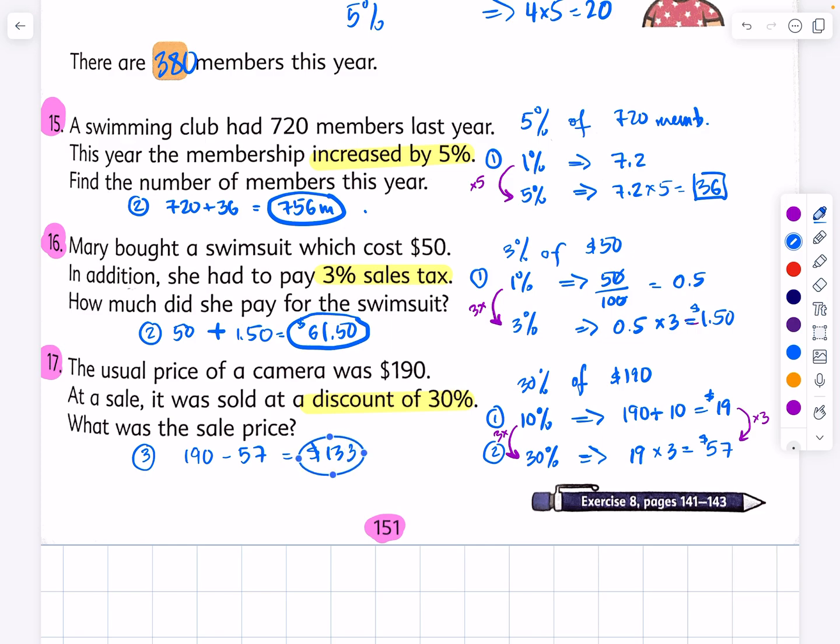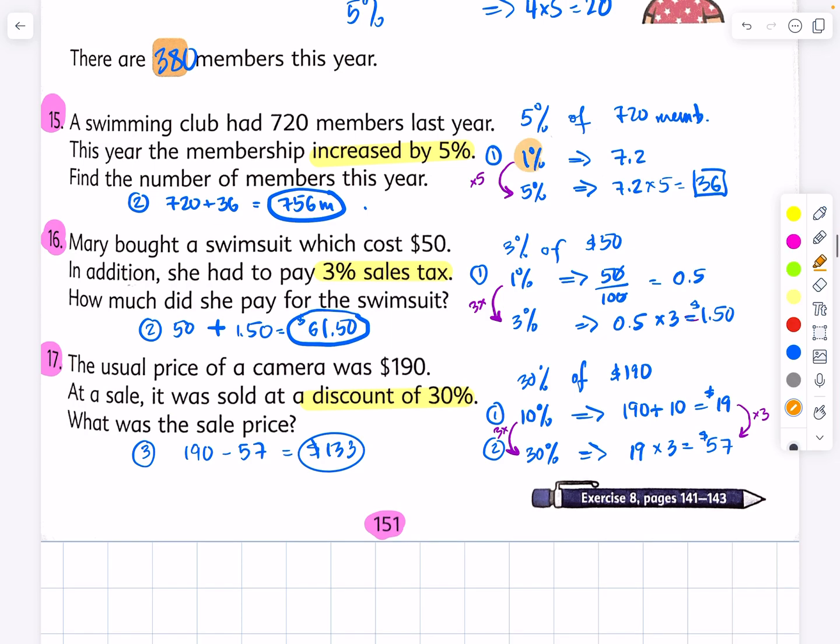I hope these examples using benchmarks help. Let me again highlight our benchmarks. 1% is a very easy benchmark to figure out mentally. And in the last example, we used 10%. These are our benchmark percentages. I call them benchmarks because they're easy to calculate in your head, and then you can find 5%, 3%, or any multiple of 10.